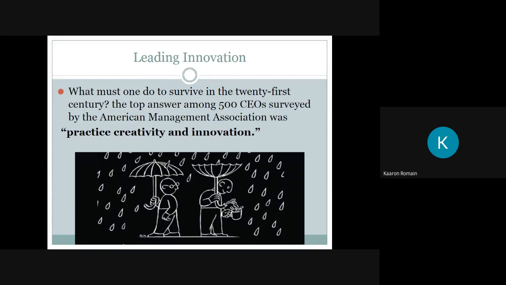It seems he's still being sheltered from the rain, and yet he's catching water. So he's filling a cup. I don't know if he's thirsty, or if he's catching water to use in the future. But he's being innovative and creative, using the umbrella for both purposes here.